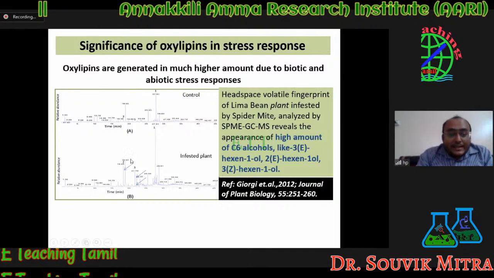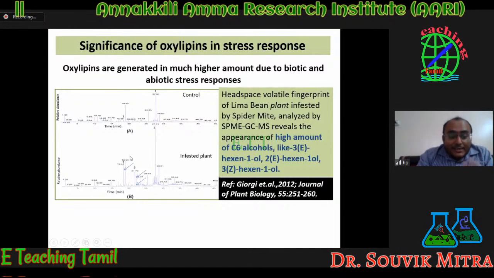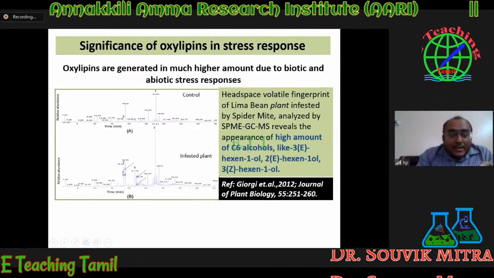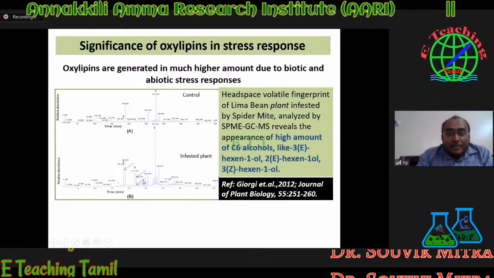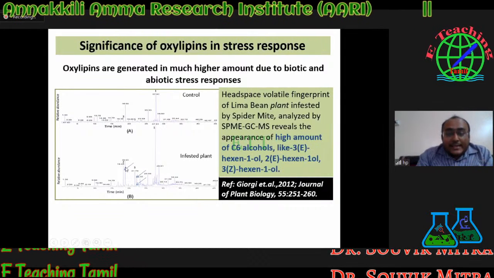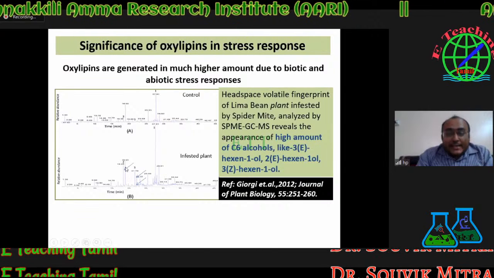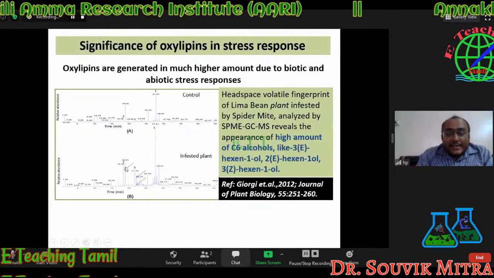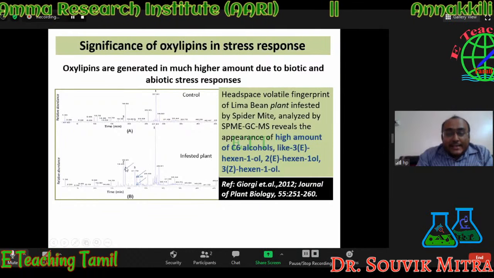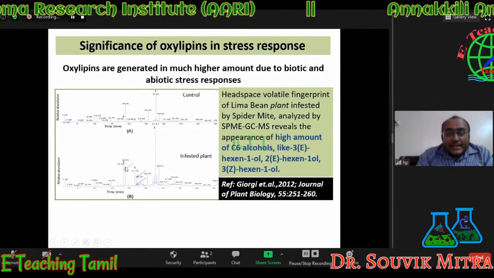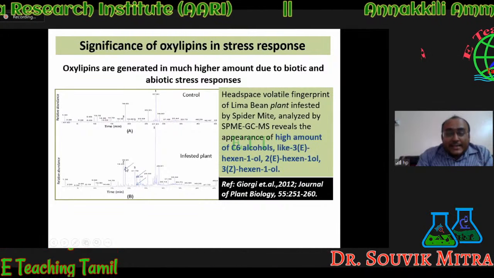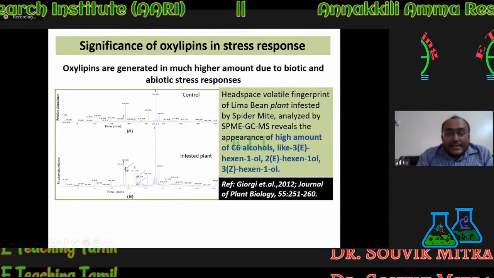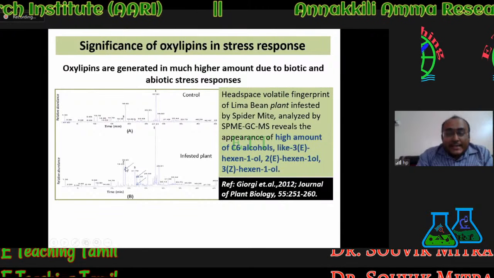You can see that in the infested plant chromatogram there are some volatiles present in very high amounts. The oxylipin generation in the infested plant is high.